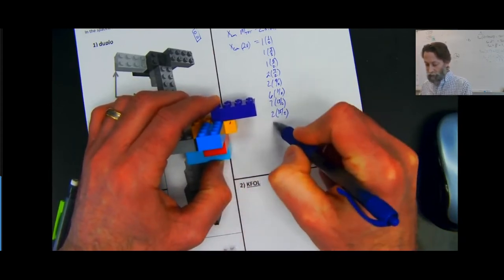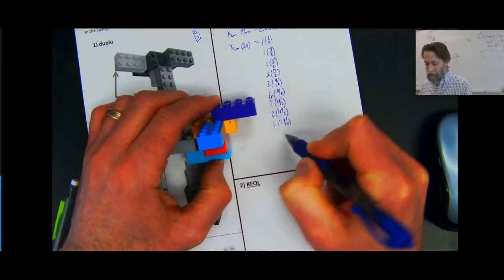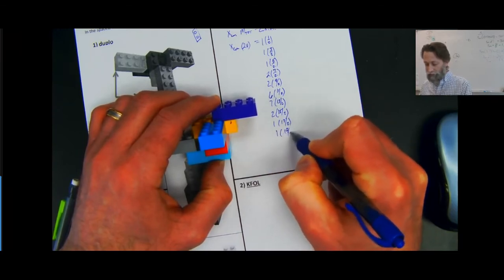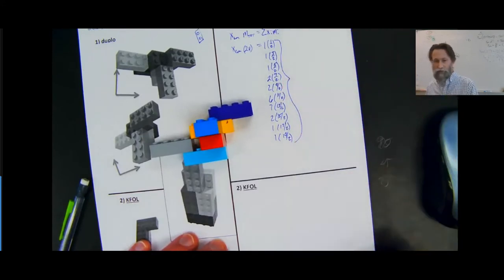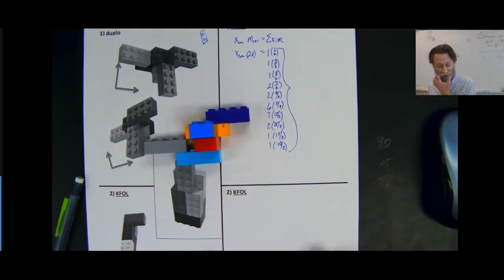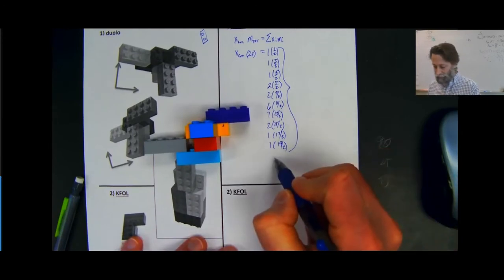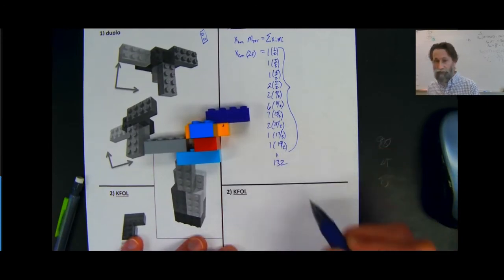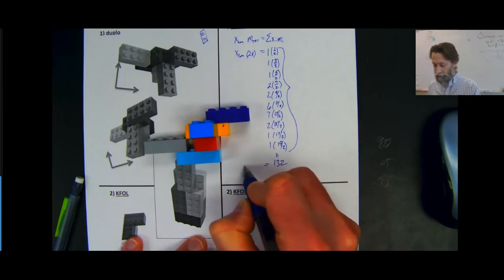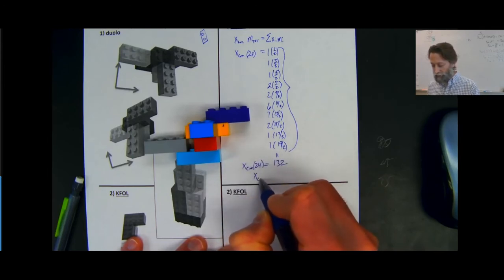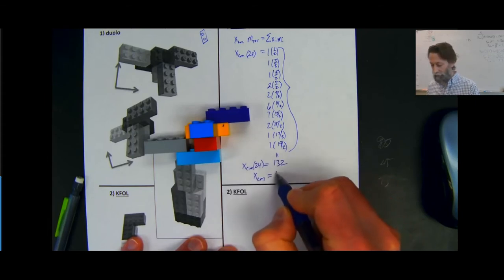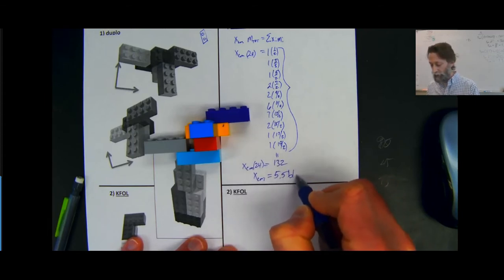And now I'm going to have 1 of them at 17 halves and 1 of them at 19 halves. And what I want to do is multiply all of those and add all of them up to get a total. When you do that, you should end up with 132 on the right-hand side is equal to the XCM times 24. And if I divide that by 24, I'm going to get a value of 5.5 blocks over.